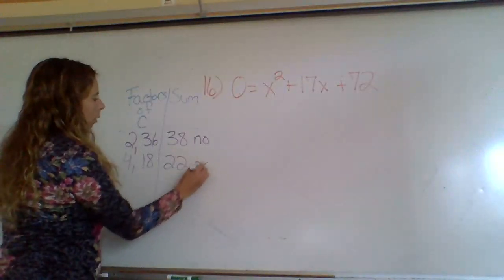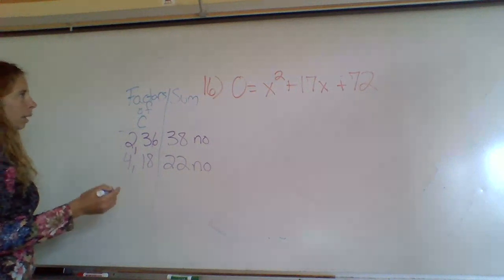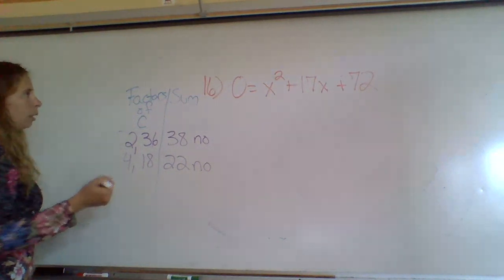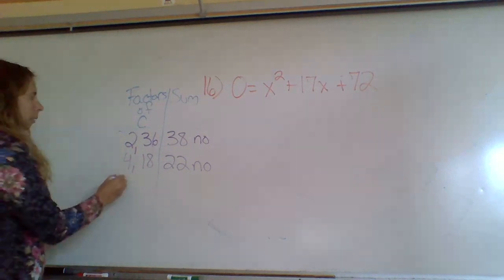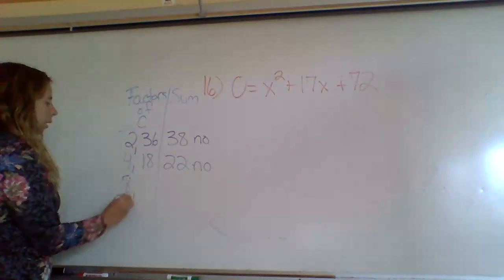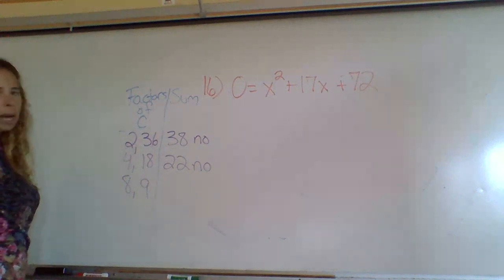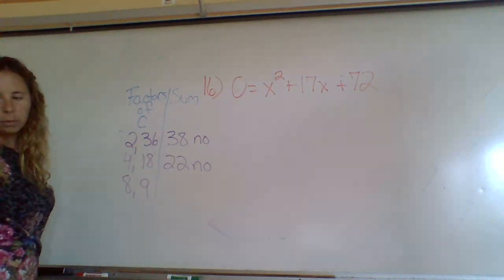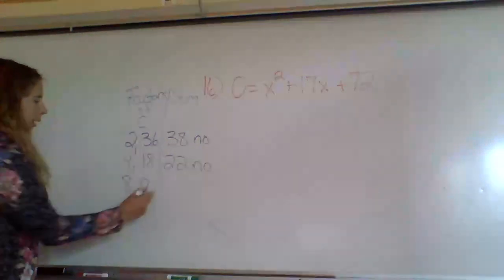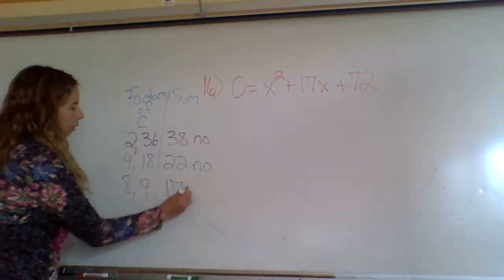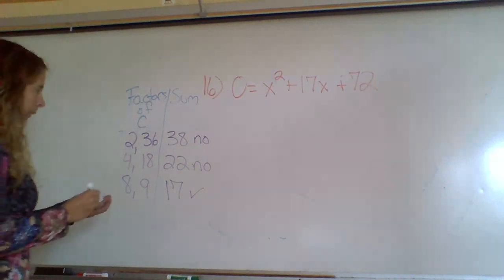So no. All right, 72. This is where multiplication facts come in handy. 72 is also 8 times 9. 8 times 9 is 72. 8 plus 9 is, in fact, 17. So those are the factors we are looking for.